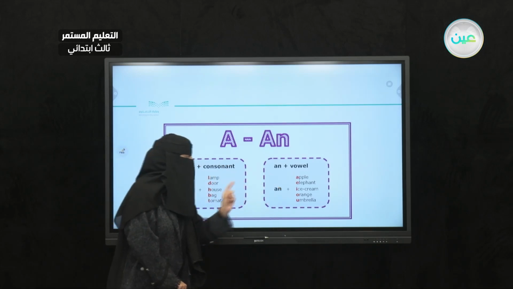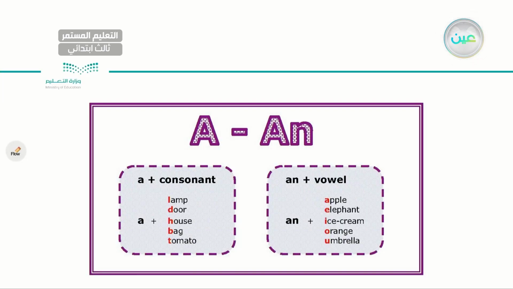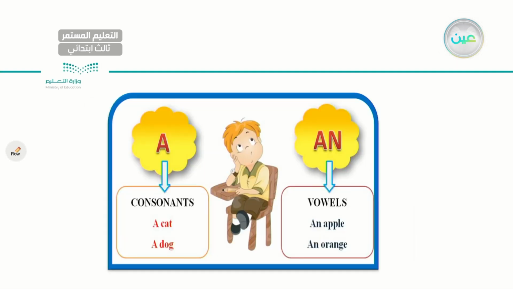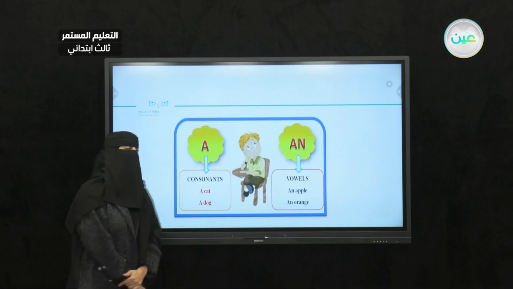I have apple, elephant, ice cream, orange, umbrella. Because they start with vowels, we will be using an. Remember, I have one item only. So, as you can see here, a cat, a dog, an apple, an orange, and I have one of each.